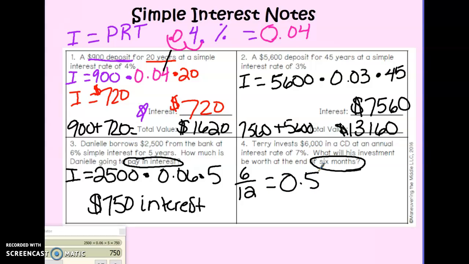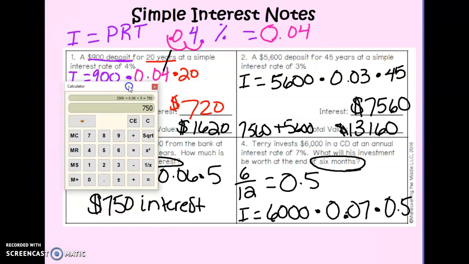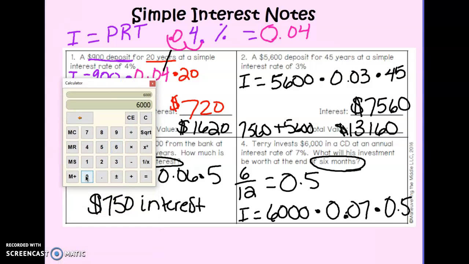Okay, so we're going to set this up. Our interest is 6,000 times 7% times half of a year. When we multiply this out, 6,000 times 7% times half a year, we get $210.